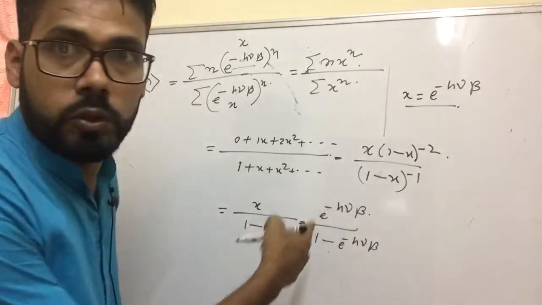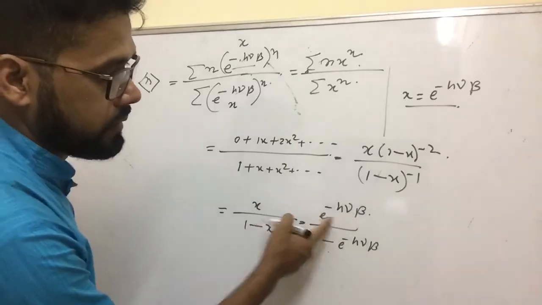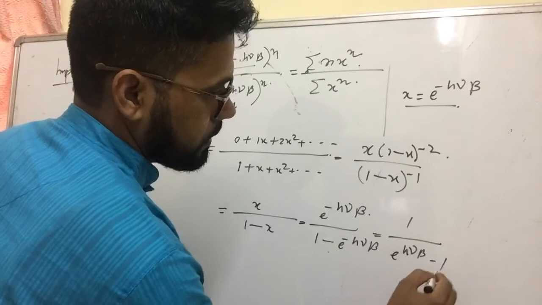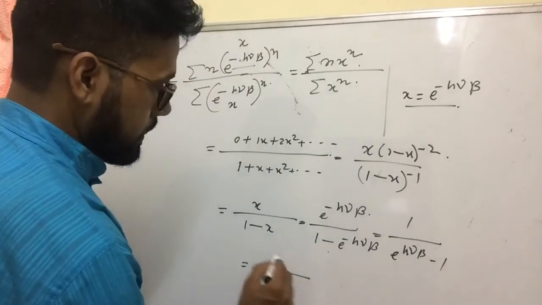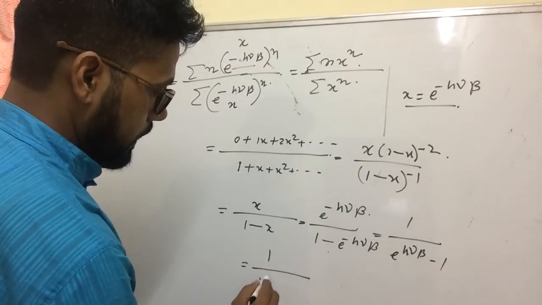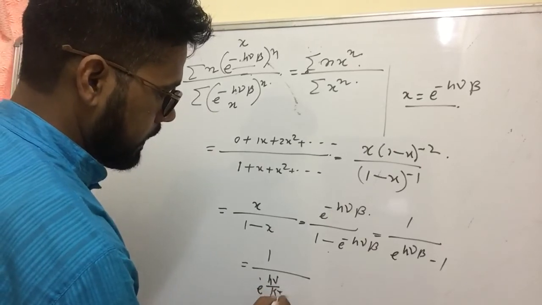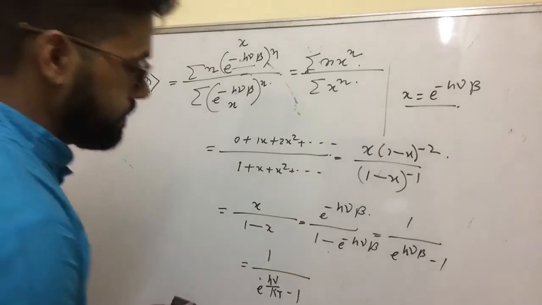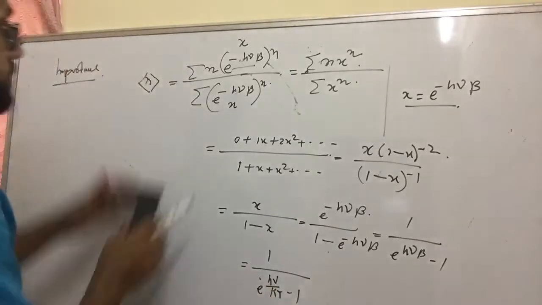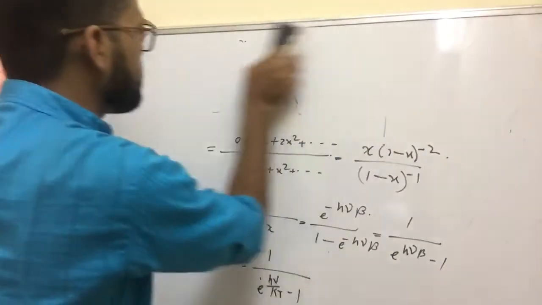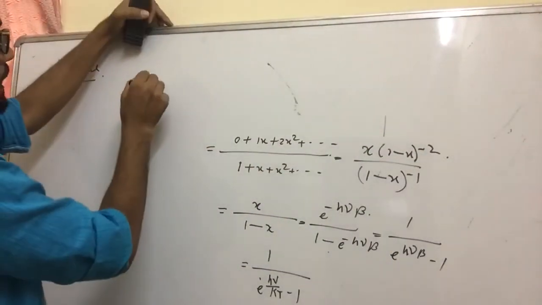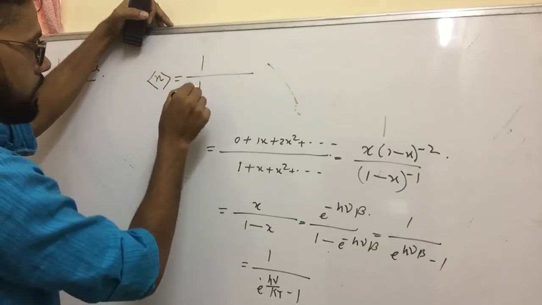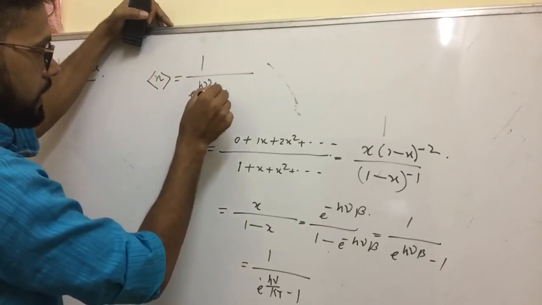If I divide both numerator and denominator by this term, what you will get is 1 by e to the power h nu beta minus 1, that is, 1 by e to the power h nu by kT minus 1. This is the average number of particles. Now you see, if I modify this equation, what I am getting is an average number equal to 1 by e to the power h nu by kT minus 1.